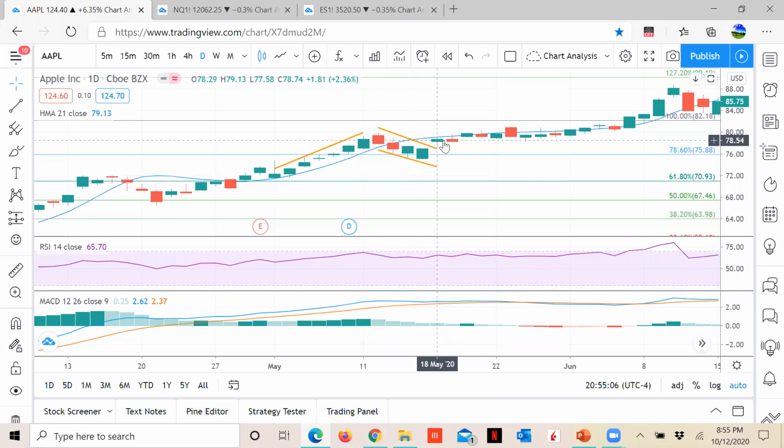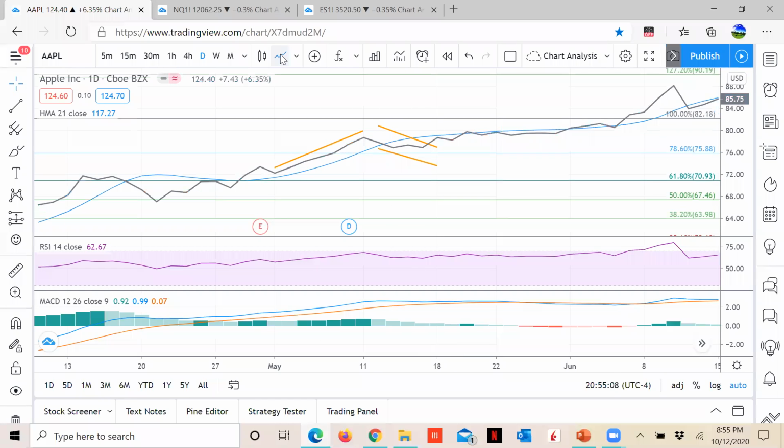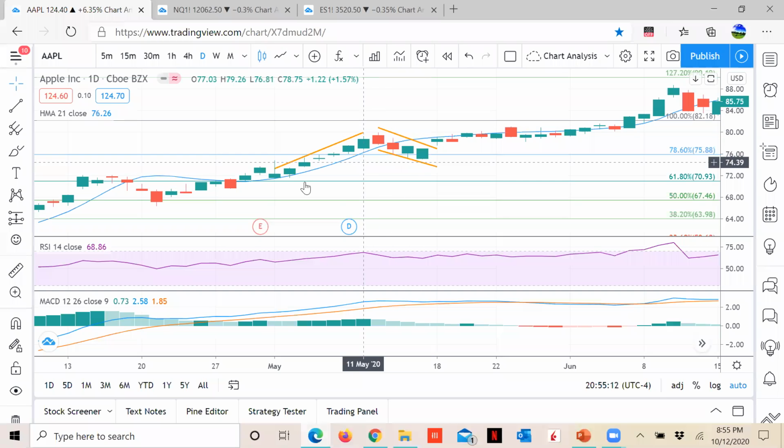So it's breaking out here. Go to the line chart, to the candlestick. So this is the flag, this is the consolidation area.